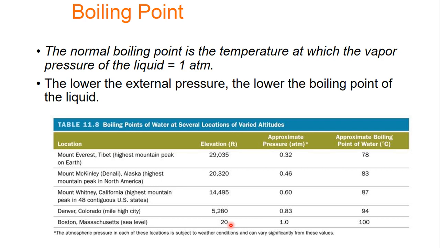At sea level, the pressure is 1 atmosphere, so our boiling point is 100 degrees centigrade. And the way to really think about this is that the pressure of the atmosphere is pushing against that liquid, so it takes more energy to boil.